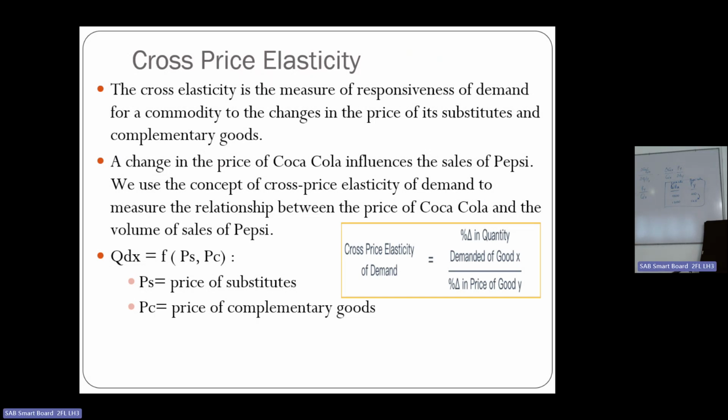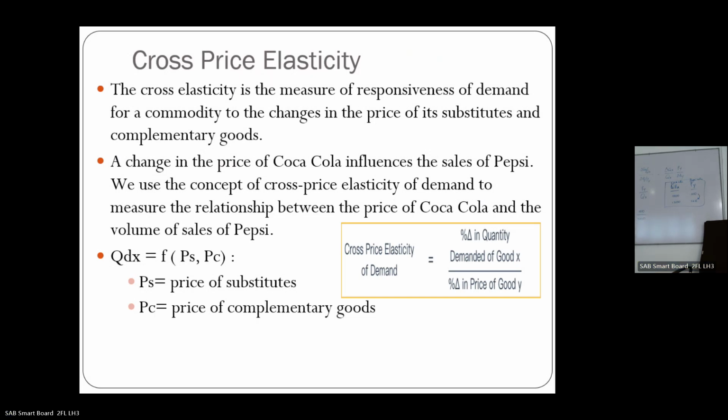So the change in demand is 200 and the change in price is 25. We assume the price increases from 100 to 125, that is our assumption. The earlier Pepsi Cola price is 100 and the earlier Coca-Cola demand is 1000.